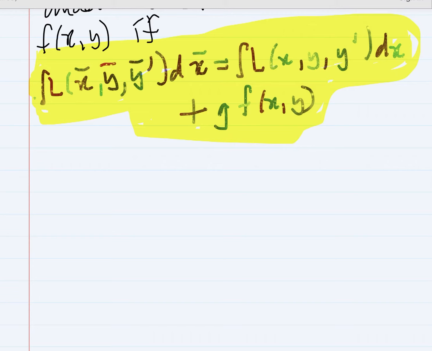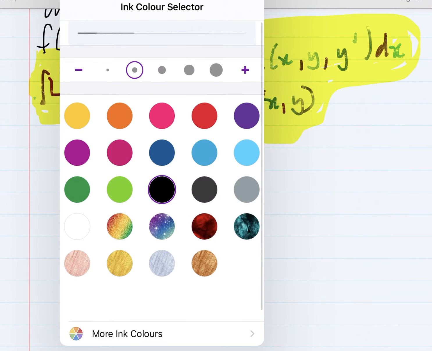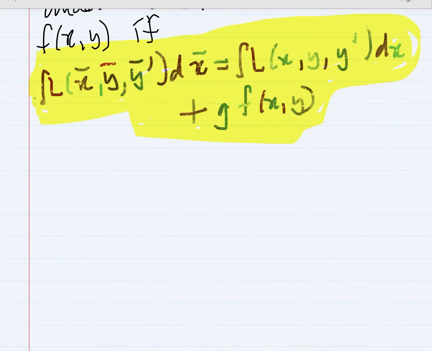Right, so what happens as a result of this? Well, as a result of this, we get the following. I can write this term F as an integral so that I have every term in an integral form. Or, let's write this differently.